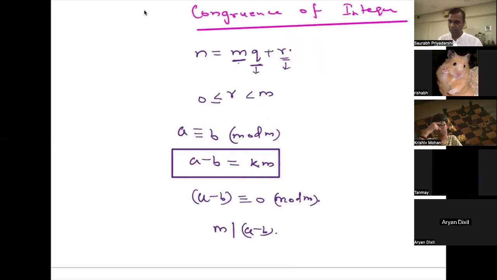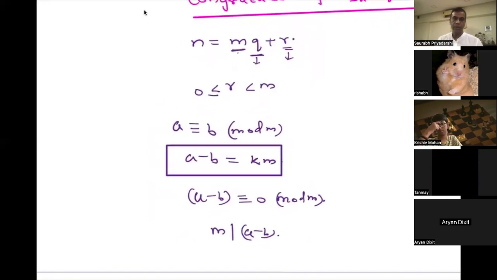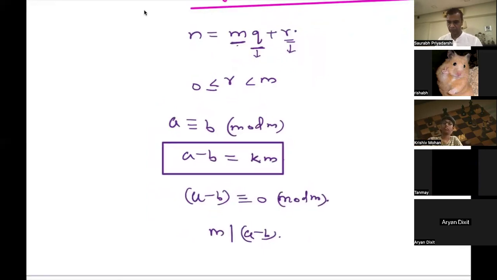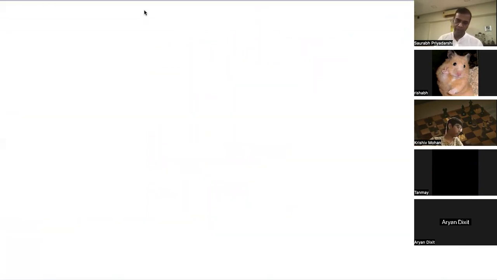And a few of the basic properties. Is this okay, everyone?